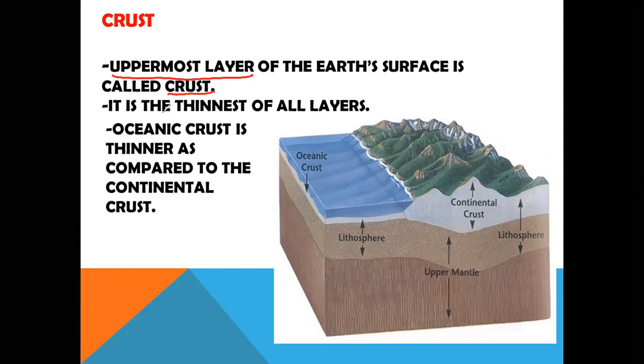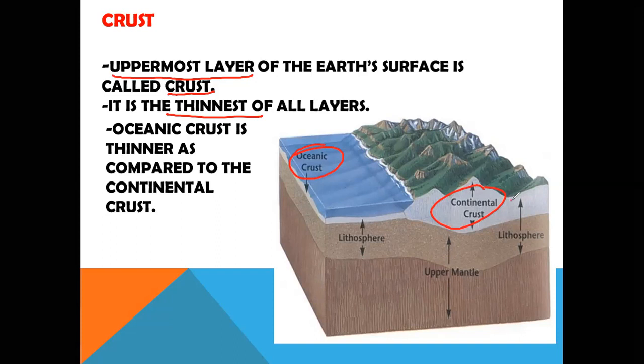It is the thinnest of all layers and least dense of all layers as well. The thickness of the crust varies under the oceanic crust and the continental crust. The oceanic crust is thinner as compared to the continental crust.